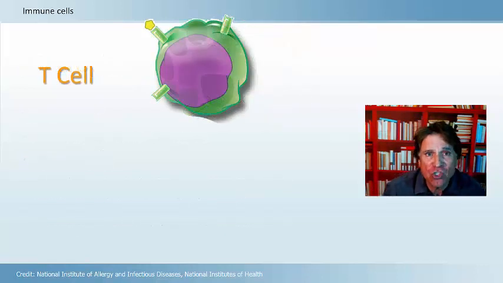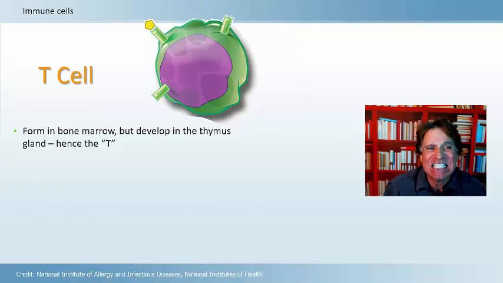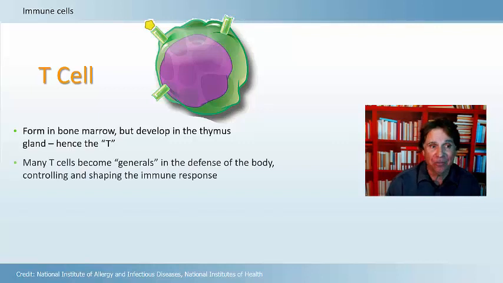Another type of immune cell is known as the T cell. And the T cell forms in the bone marrow, but it develops in the thymus gland. Hence, it is called the T for thymus cell. Many of the T cells become generals in the defense of the body, and they control and shape the immune response.